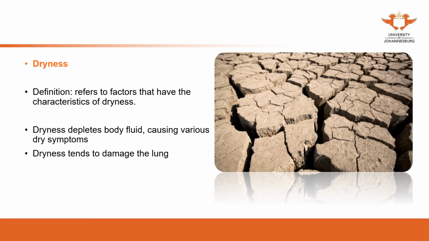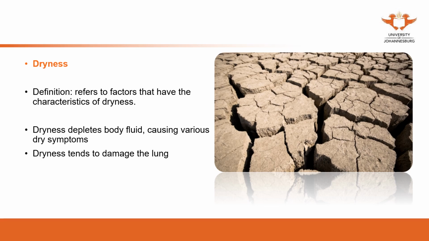The next pathogen is dryness. Dryness is another pathogen in autumn. As the season changes from summer to autumn, especially at the end of summer, it rains a lot, and when you go to autumn, it becomes dry.